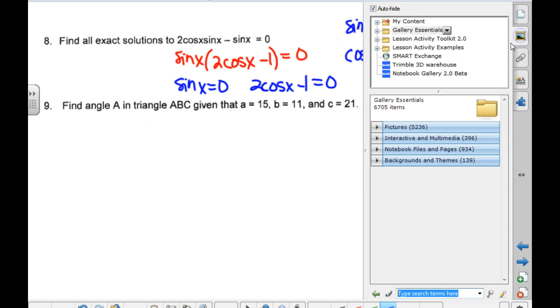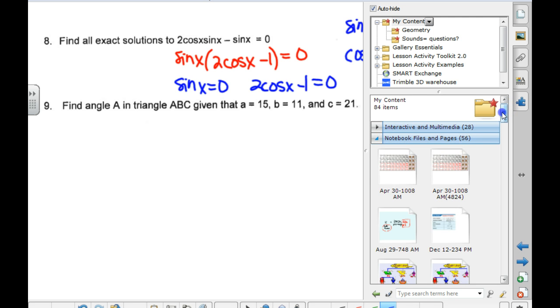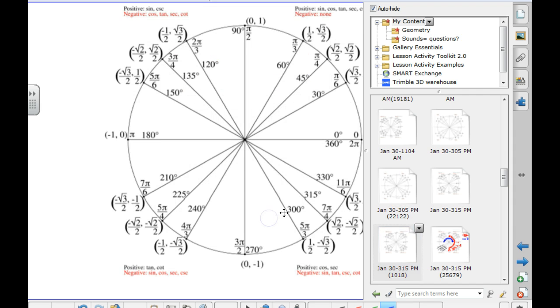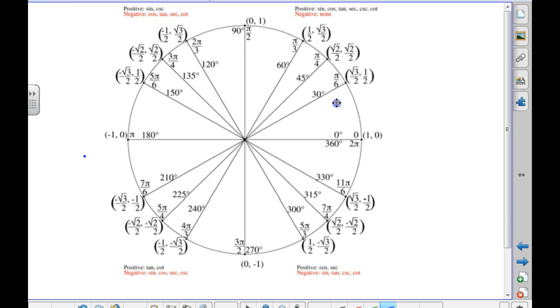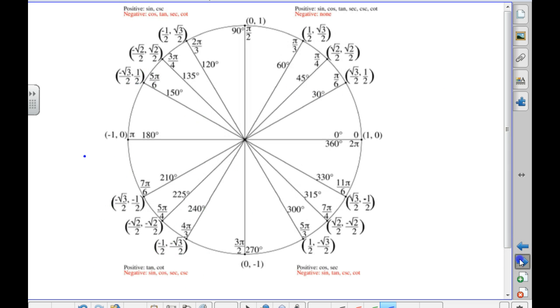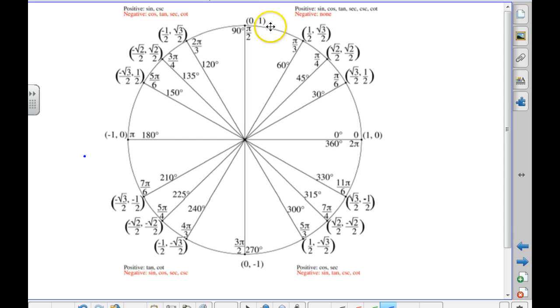And I could even pull in a unit circle here. All right, I needed to know where the sine is 0, right? The sine is the y value, so that's at 0 and pi.